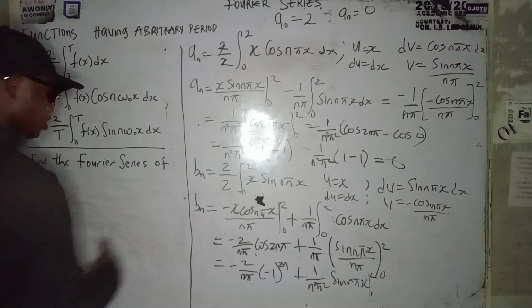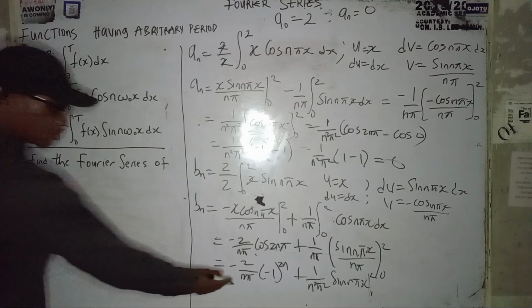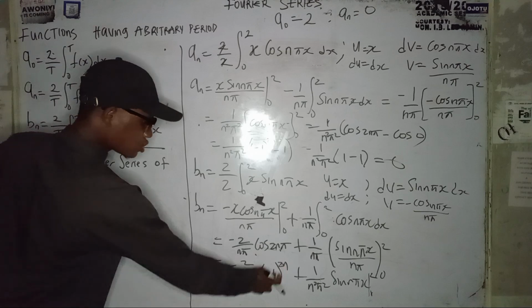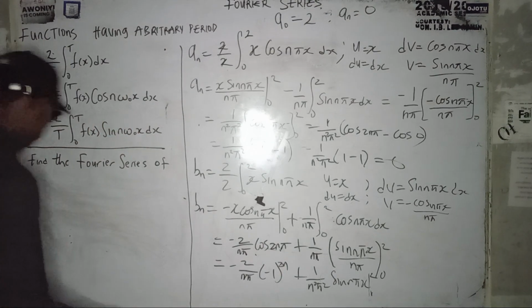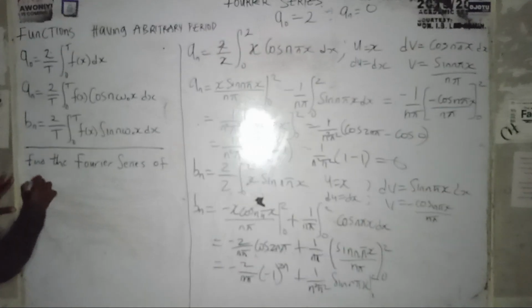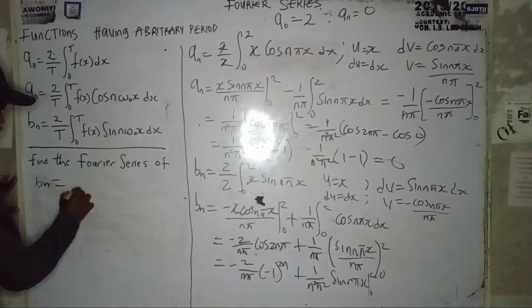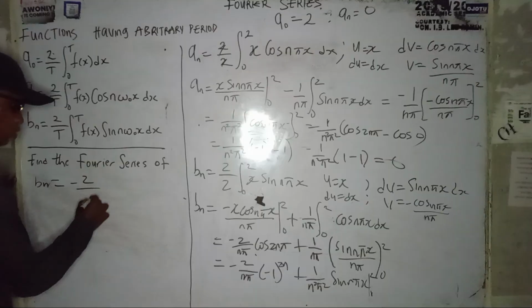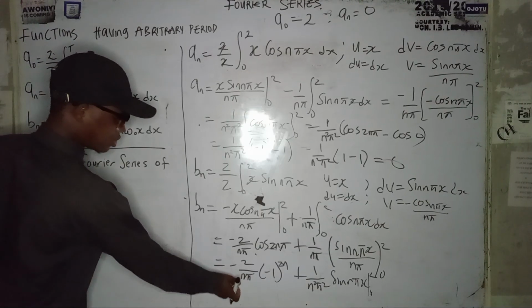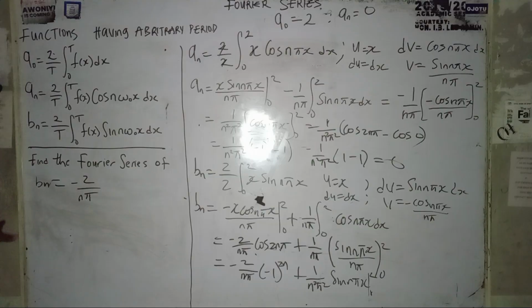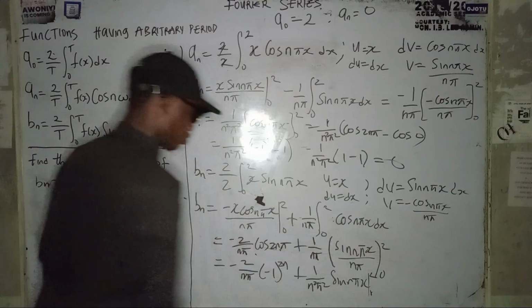Since minus 2 here is going to become positive because of the even sign here, we have bn is equal to minus 2 over n pi. So that is it for this, and this here is going to give us 0.